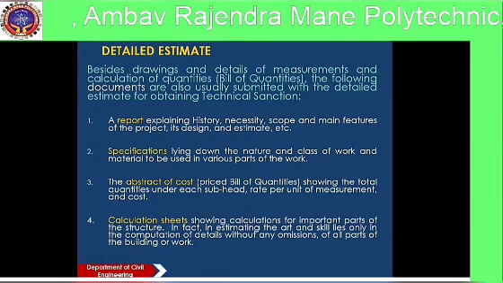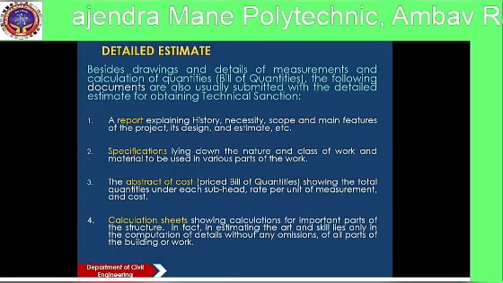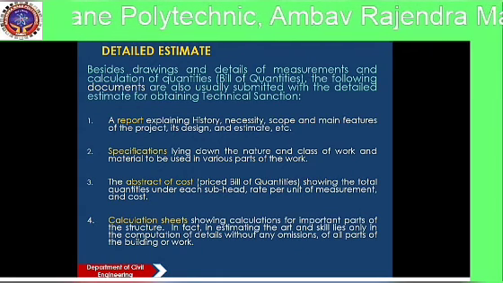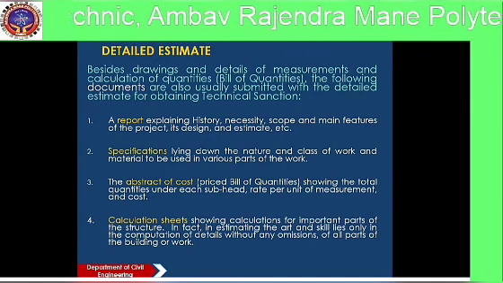The abstract of cost, bills of quantities showing the total quantities under each subhead and rate per unit measurement and cost. Calculations showing calculations for important parts of the structure.